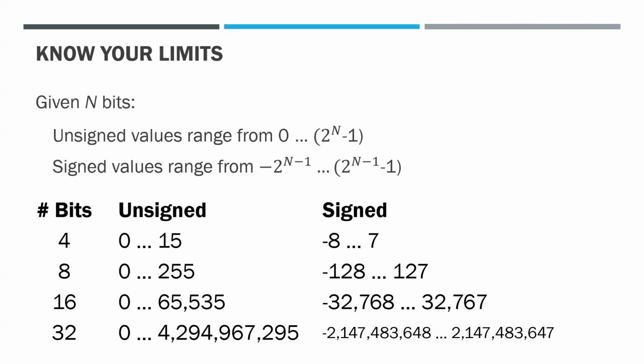Similarly, 16-bit values, we talked about 0 to 65,535, like TCP and UDP port numbers. This is a number you might recognize, 32,767. You may have seen that pop up before in your computing career. That means you're dealing with a 16-bit signed value. So it ranges from negative 32,768 to positive 32,767.